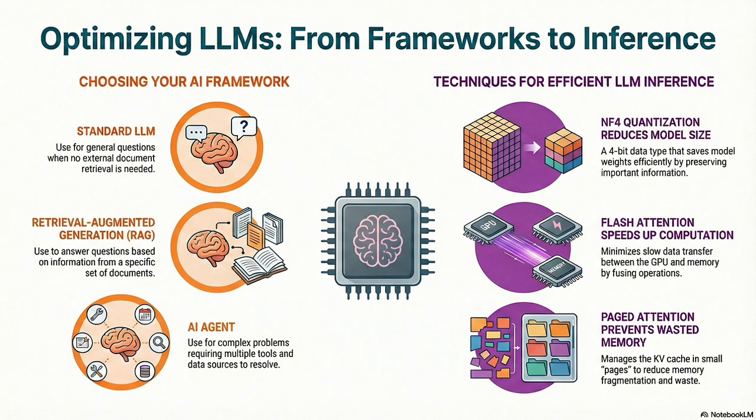Before using page attention, we would need to allocate a huge amount of memory to save the KV cache, but we do not know what the right number would be.